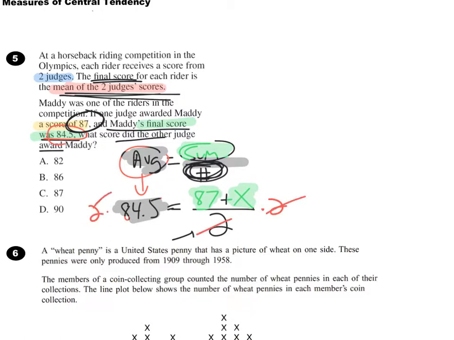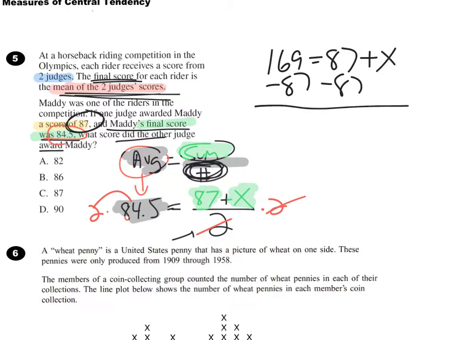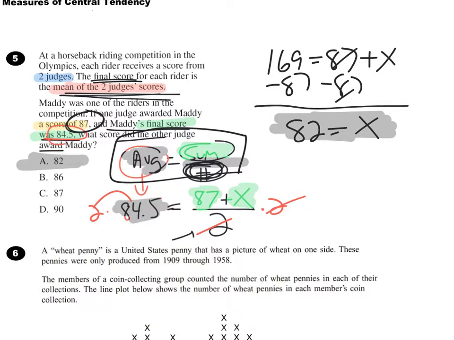So here I'm going to have 2 times 84.5, or 169. That equals 87 plus x. And here when I subtract 87 from both sides, it turns out that the other judge gave Maddie a score of 82.